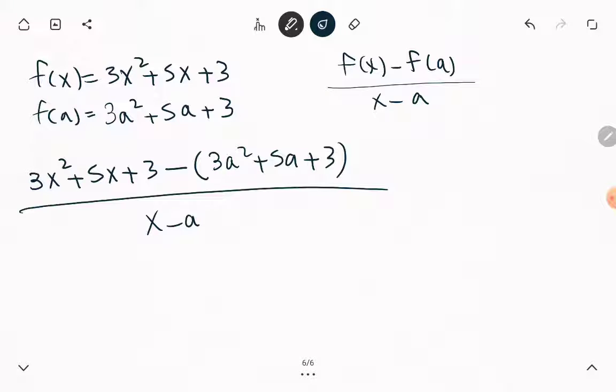Now you can go ahead and distribute the sign into the parentheses. So open this parentheses, change the sign here.